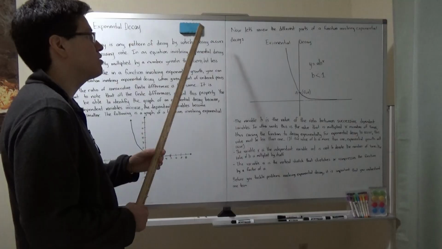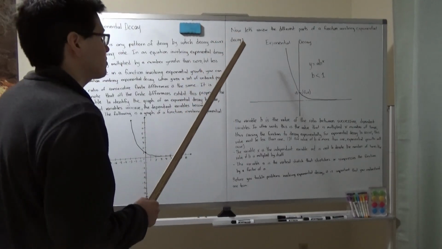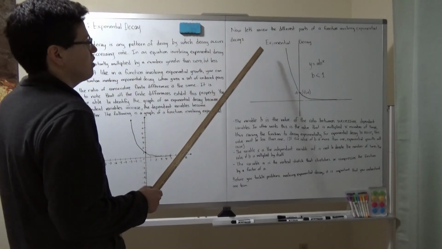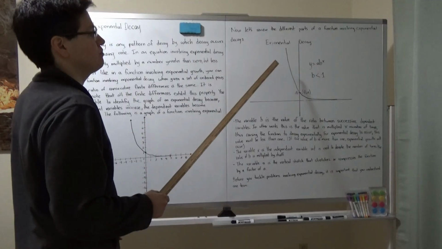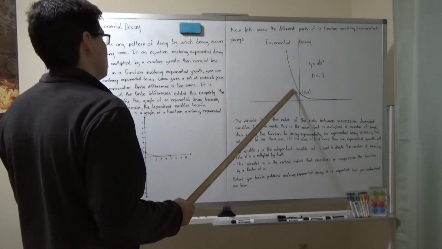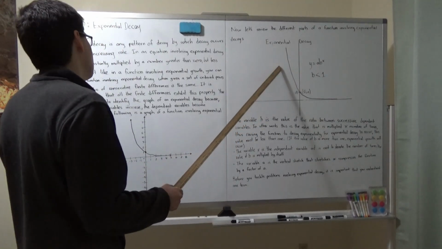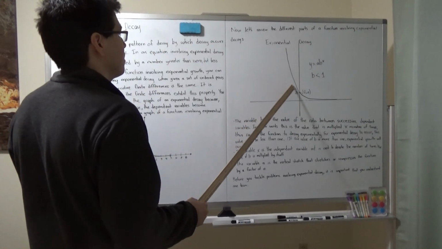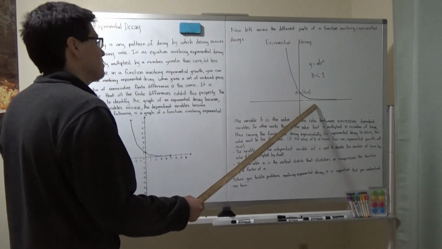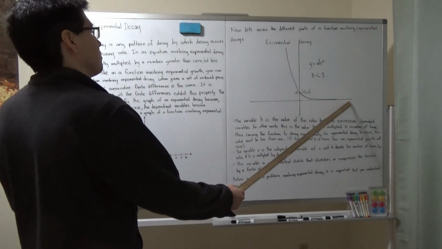Now let's review the different parts of a function involving exponential decay. This is your exponential function. As the independent variables increase, the dependent variables become exponentially smaller.